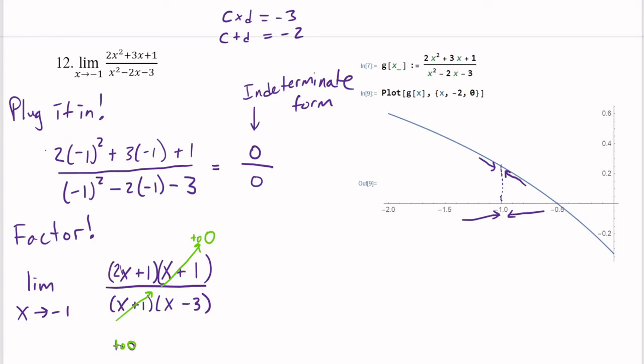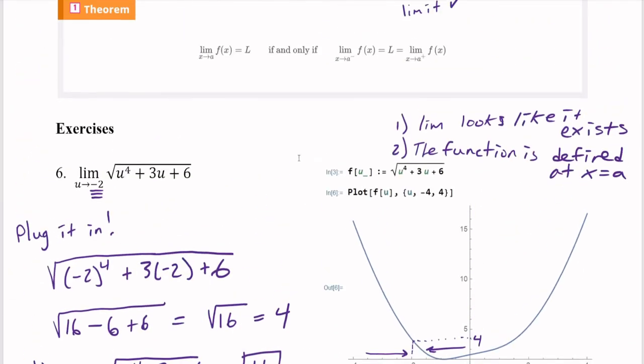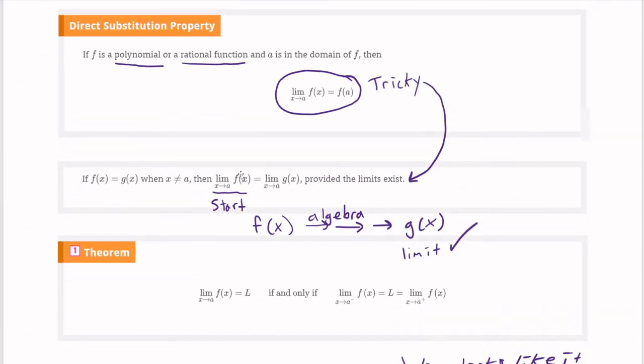So, what does this mean? Well, let's go back up. What did this tell us? If two functions are equal, right, algebraically, we just cancel the term. But if I keep plugging in other x's, I'm still getting the same exact number. So they're equal functions. Then their limits will be equal.